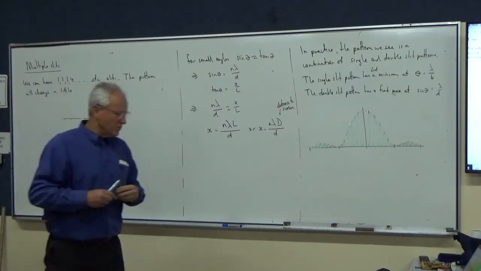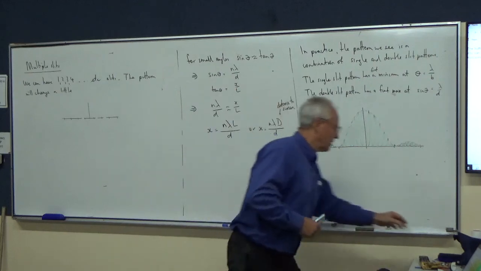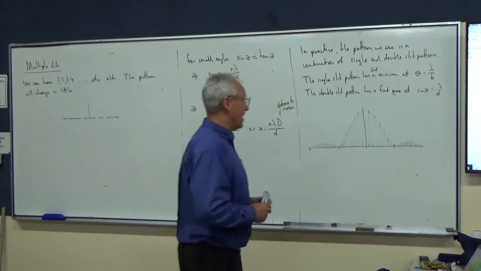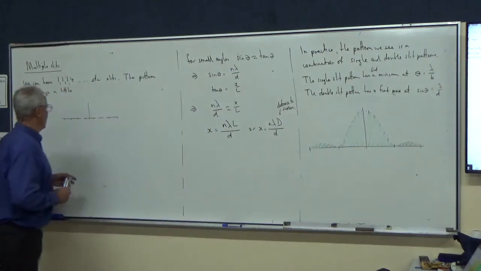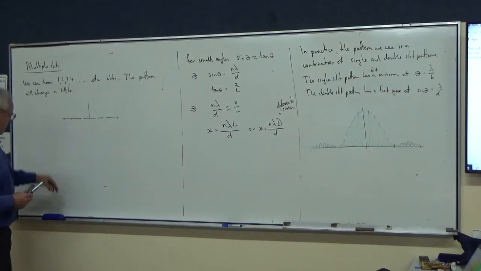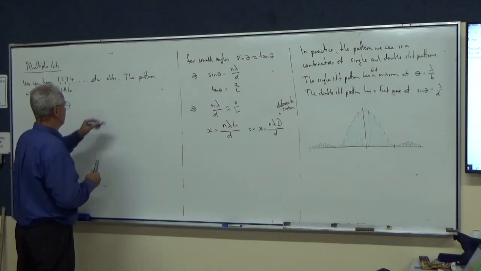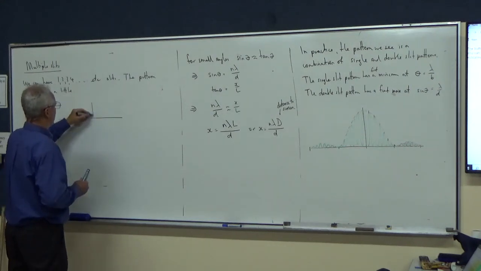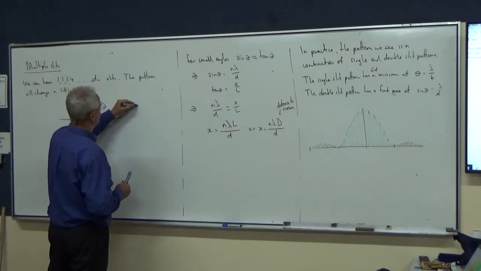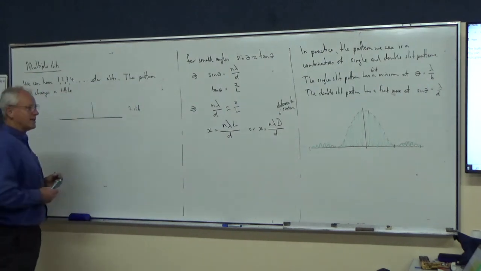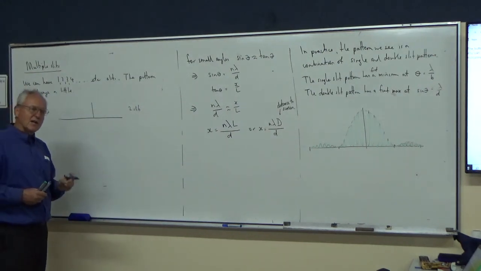You need to be good at drawing those single slit and double slit patterns. Again, I've tried to make, not very well, let's try that again. Okay, so I'm drawing a double, so 2 slits. A double slit pattern has all maxima the same width.